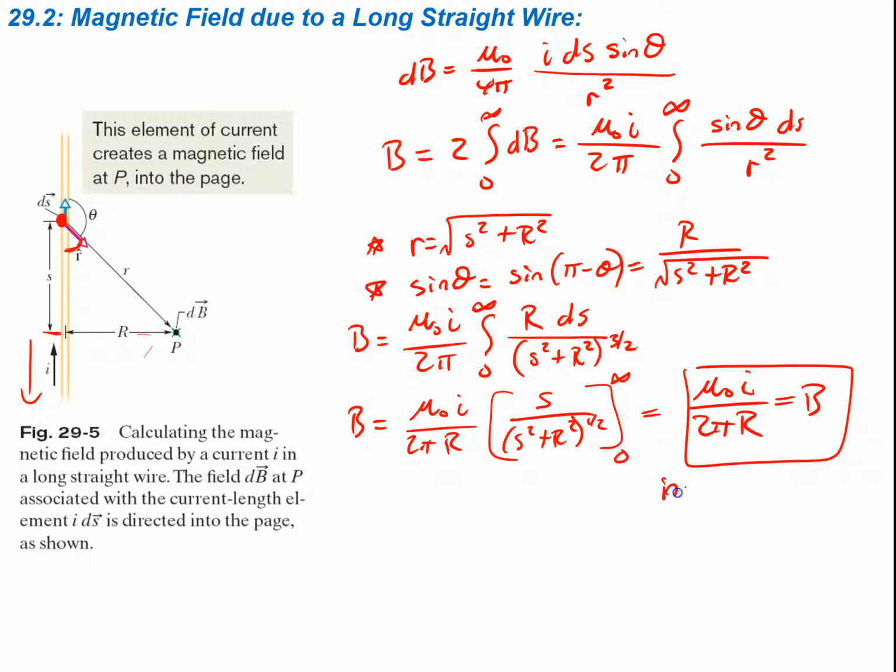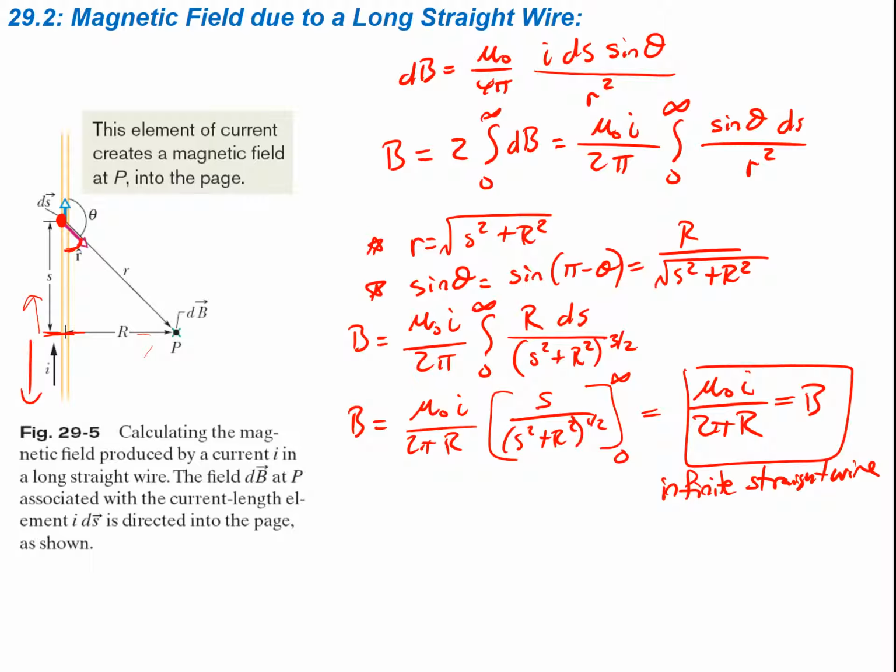This is for an infinite straight wire. What if you had only half of it? Maybe you had a long piece of wire that ended right here and went upwards, and none of this was there. It would simply be 1/2 of that.